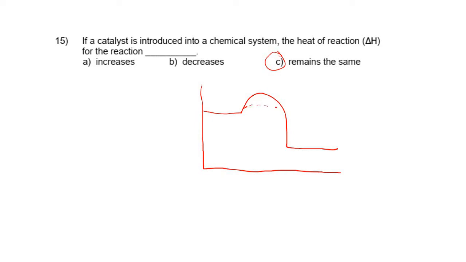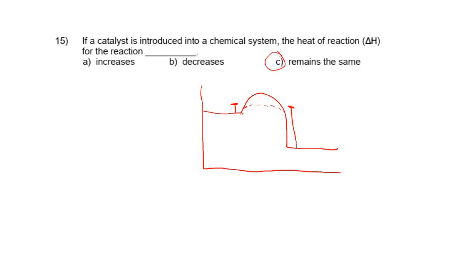It lowers the hill. But by lowering the hill, remember what we're affecting. All that we're affecting is the amount of energy needed to get up the hill, our activation energy. So in both directions, we're affecting that. So we're affecting how much energy is needed to get up the hill, and we're also affecting the amount of total stored energy in that activated complex, that intermediate structure that forms when the particles collide.